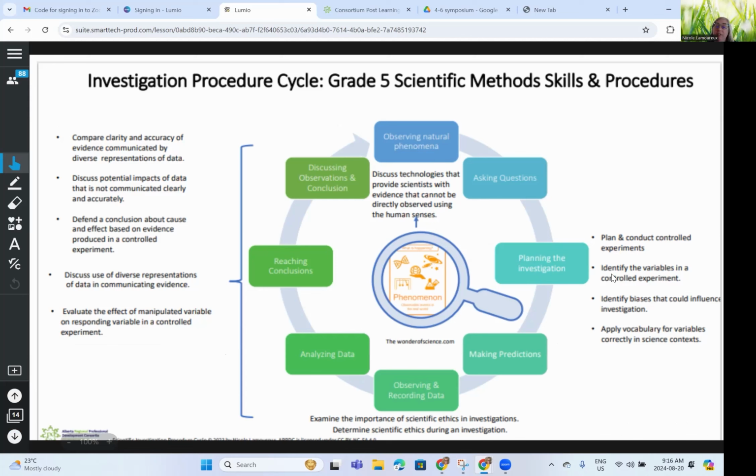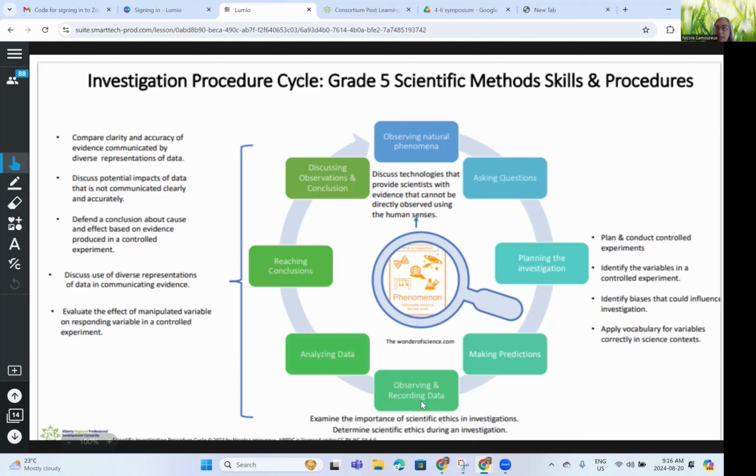They should be identifying the variables in a few places before they do it, okay? Because the responding variable is, what am I observing, right? What am I measuring or observing? And then, of course, they should know when they're planning what are the manipulated variables. They can also use that vocabulary, during observing and recording data. We want to reinforce that vocabulary.